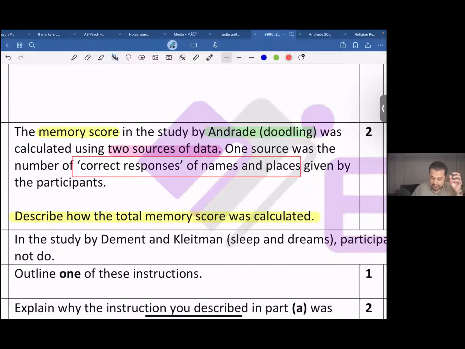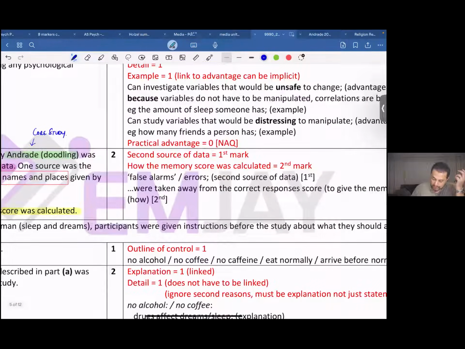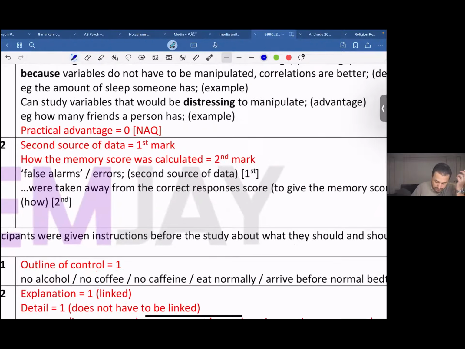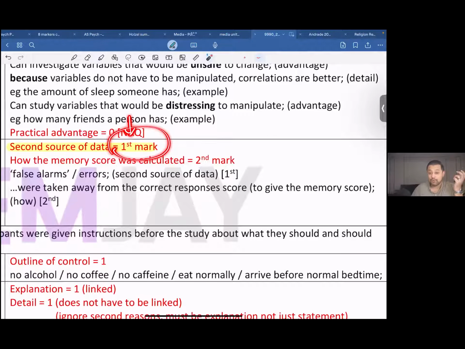In a question like this, your knowledge of the core study by Andrade is essential, which I'm sure you all did prepare well for your paper 1. Having a look at the instructions given to allot marks for this particular question: the second source of data, you identify that, you get 1 mark, right?